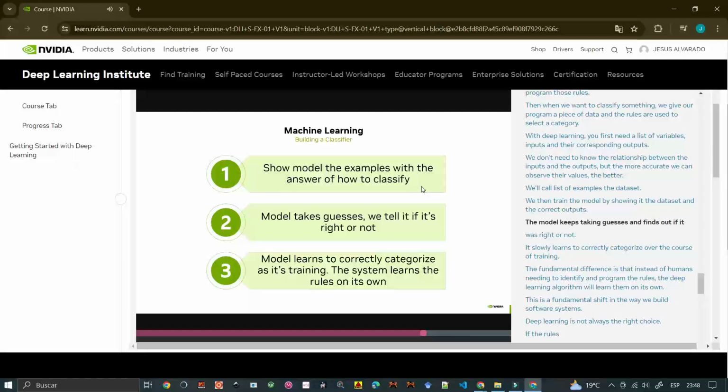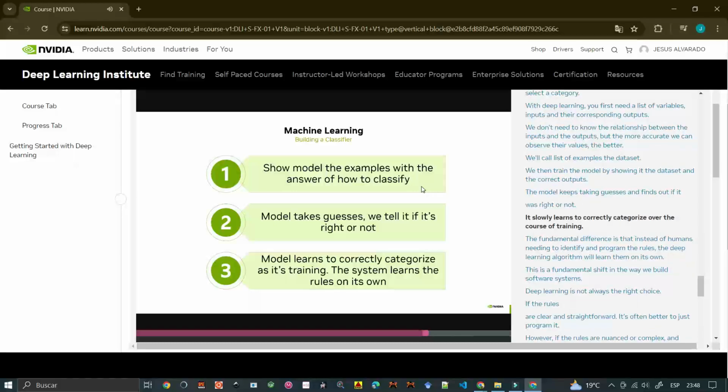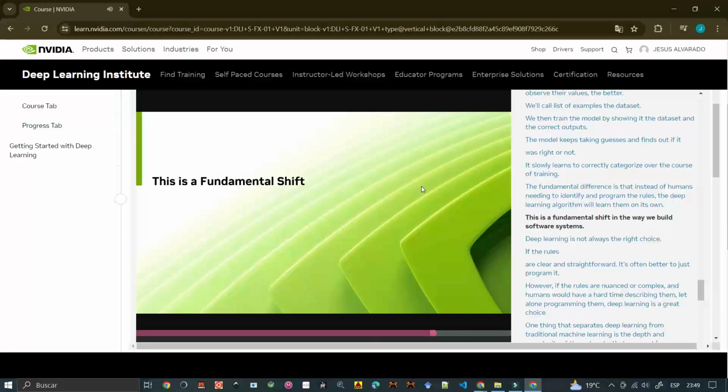The model keeps taking guesses and finds out if it was right or not. It slowly learns to correctly categorize over the course of training. The fundamental difference is that instead of humans needing to identify and program the rules, a deep learning algorithm will learn them on its own. This is a fundamental shift in the way we build software systems.